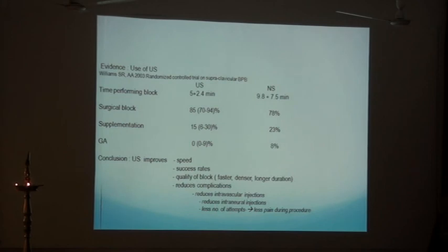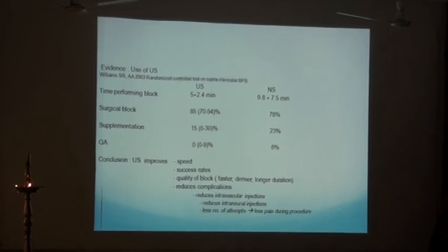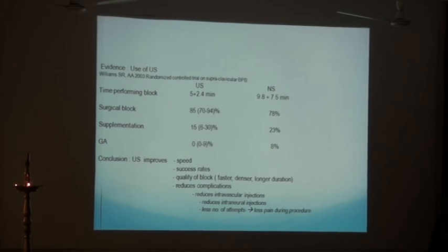So he concluded that ultrasound improved the speed, the success rate, and the quality of block, which is faster, denser, and of longer duration. It reduces complication rates like intravascular injections, reduces intraneural injections, and since we require a lesser number of attempts, it gives less pain during the procedure.